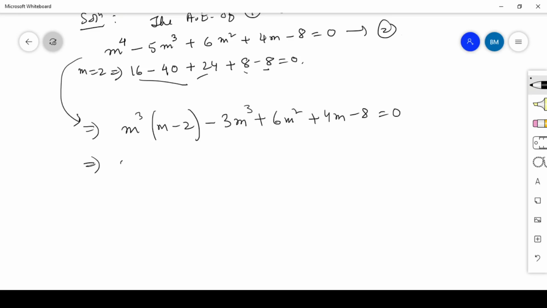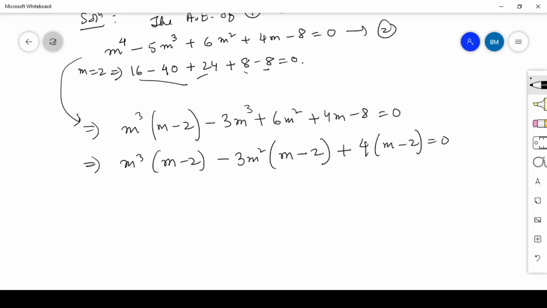This gives m cube (m minus 2), then minus 3m square into (m minus 2), so actually I am writing minus 2 times minus 3m square means plus 6m square, which is already there. Now take 4 common. So taking m minus 2 common, I will get m cube minus 3m square plus 4 is equal to 0.